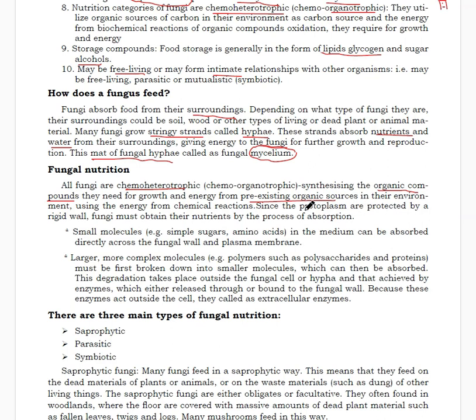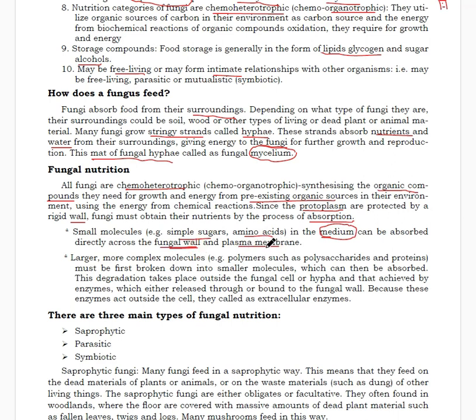The protoplasm is protected by a wall which is chitin in most cases, and nutrient is absorbed by the process of absorption. What raw materials do they use? They use simple sugars and amino acids present in the medium. They can absorb them directly through the fungal wall and plasma membrane.